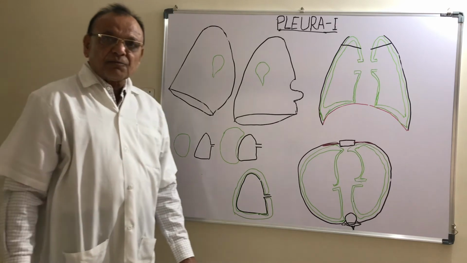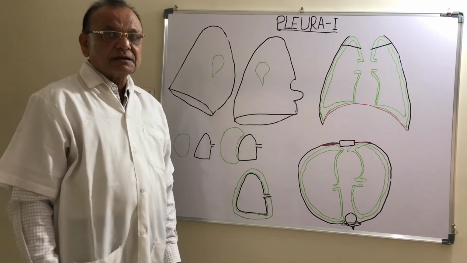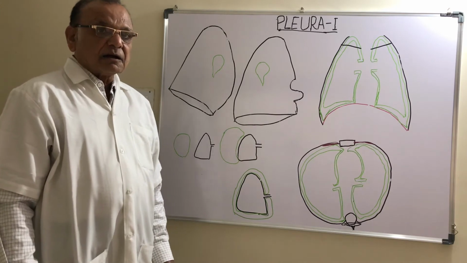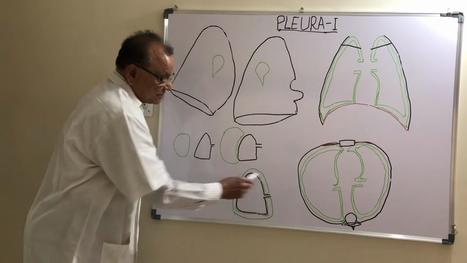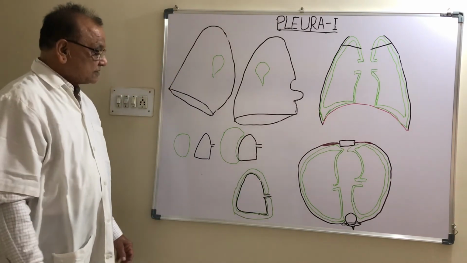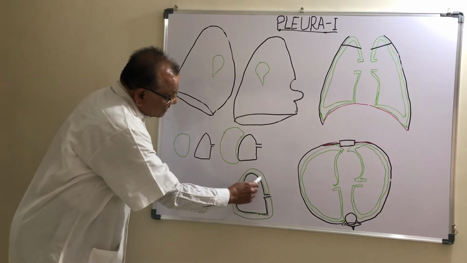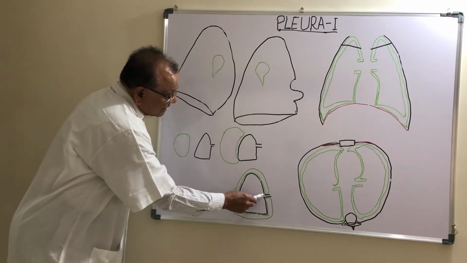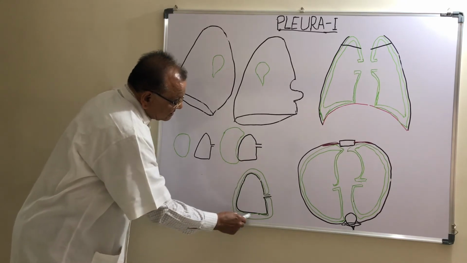With further development, as the size of the lung increases, it is completely invaginated into the pleural sac. Now in this diagram, this is the lung and this is the root of the lung. This is the serous sac.